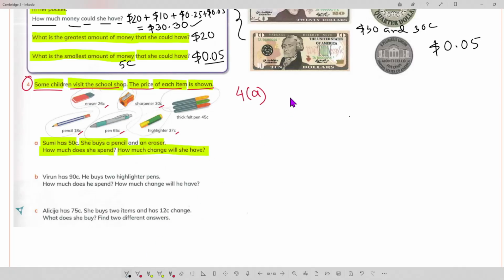So first, Shumi has 50 cent. Now she buys a pencil. The pencil price is 18 cent. And then an eraser.